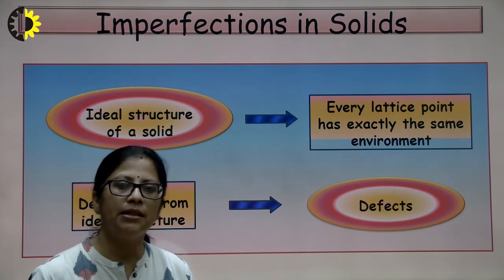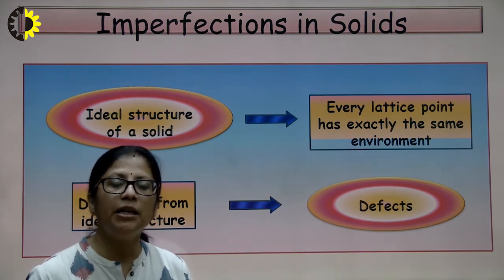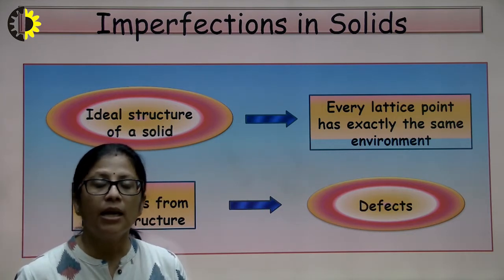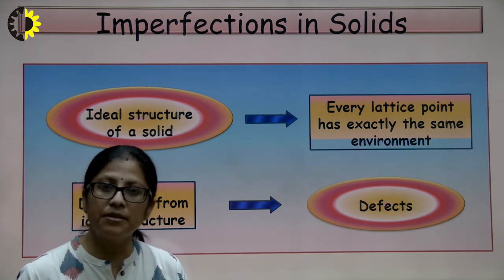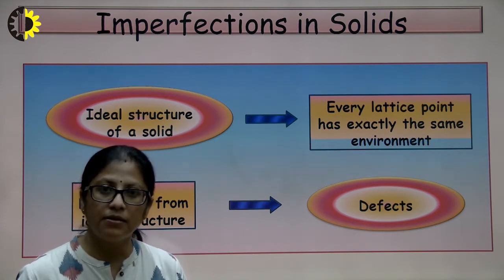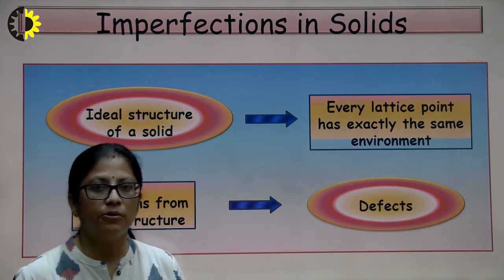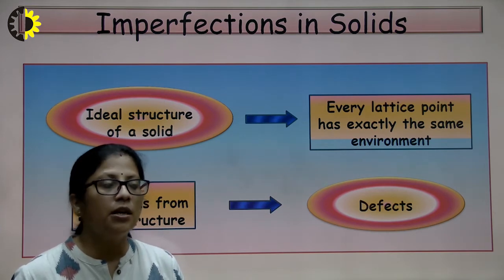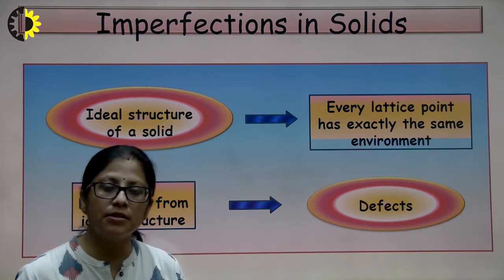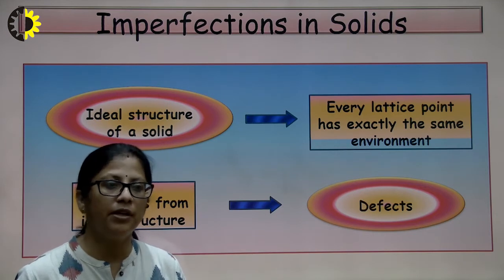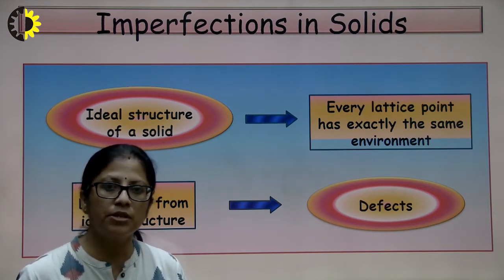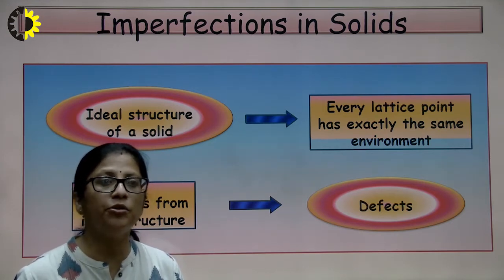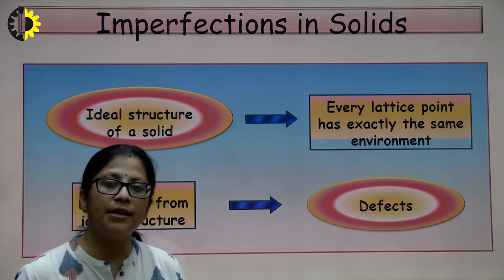The reason behind these deviations can be that during packing of the ideal structure, an atom can get missed, or it can get displaced, or it may also take place by thermal vibrations, because during the formation of the crystal there are chances that the atoms may leave their least energy positions and move to higher positions, leading to the formation of defects in the solids.